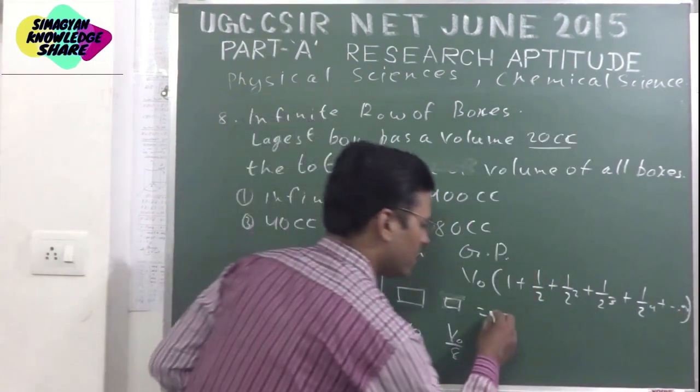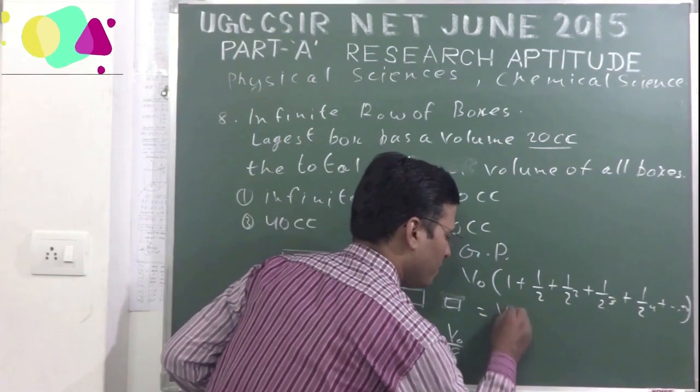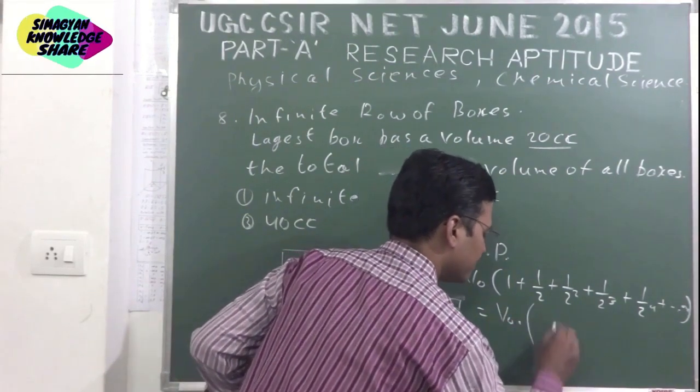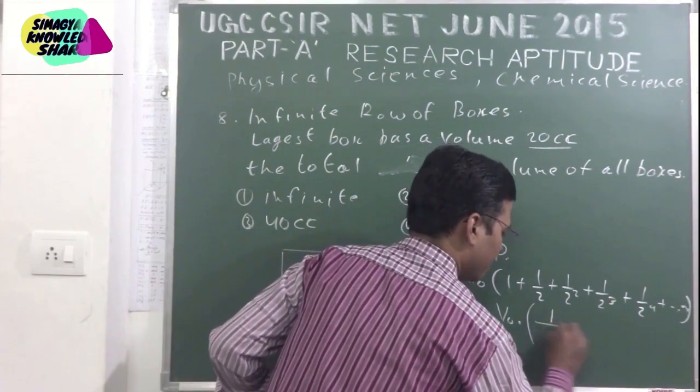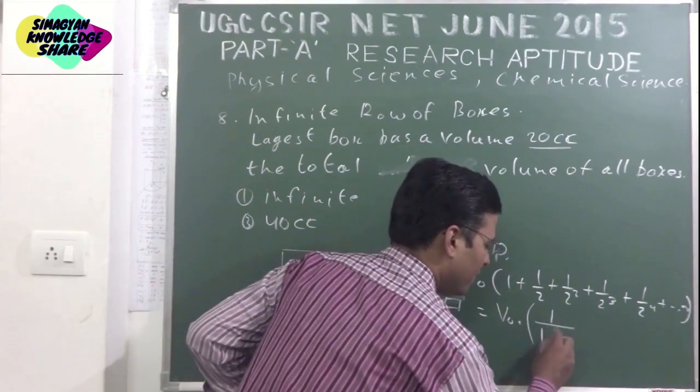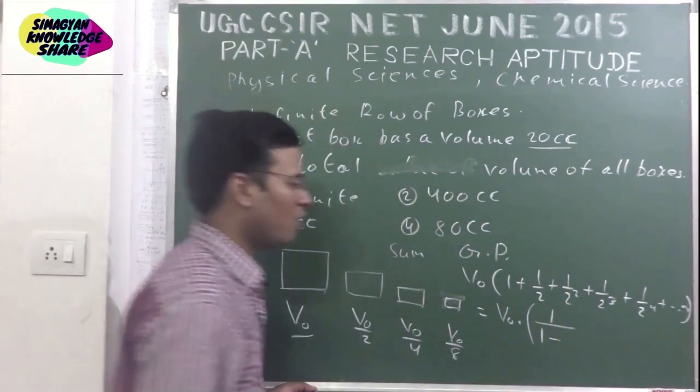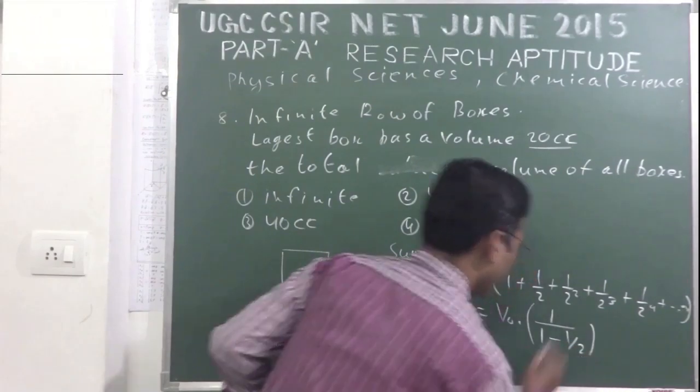The total of this geometric progression would be V0 multiplied by the initial term, which is 1, divided by 1 minus the common ratio, which is half.